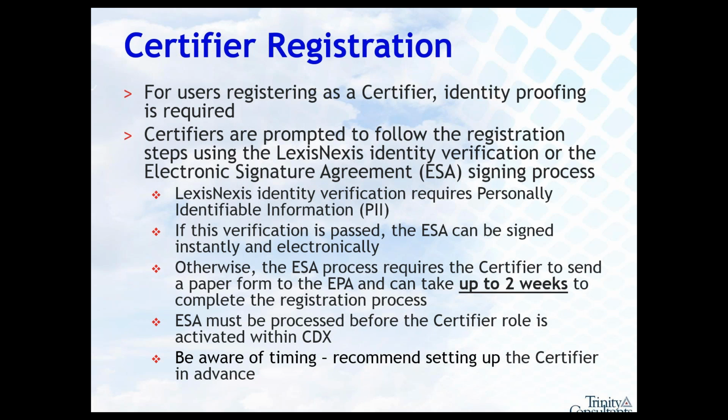The difference is the LexisNexis you can do on your computer, and the ESA you actually print out a form, sign it, and mail it in to EPA. Generally it takes EPA up to 2 weeks to complete. I try to register at least probably 6 weeks before I had a report due. I wouldn't want to push it close to the limit, so you want to make sure you can get this done.